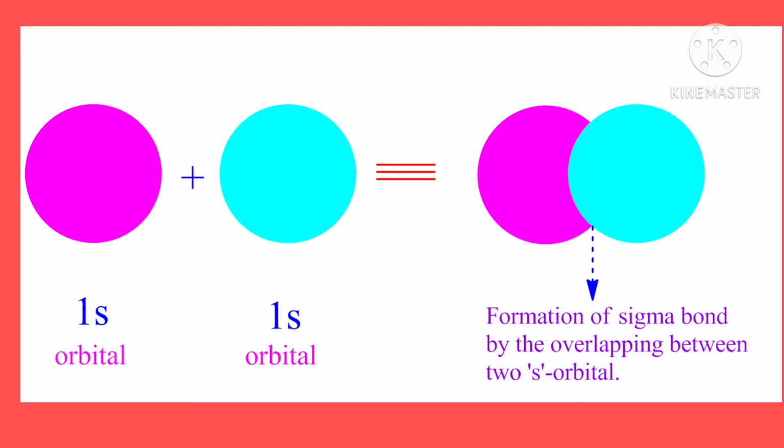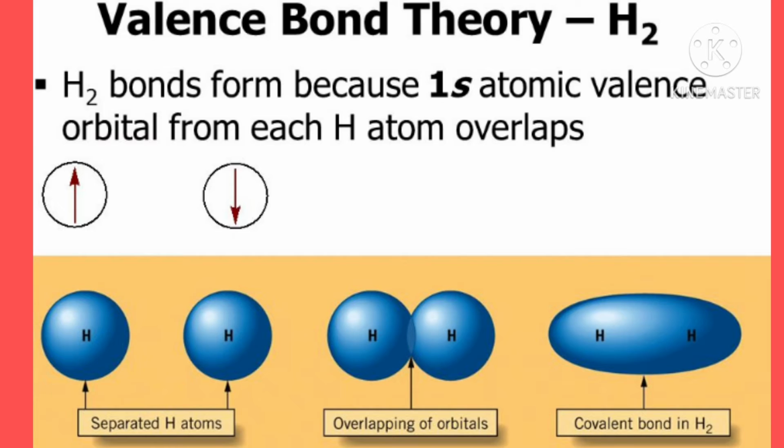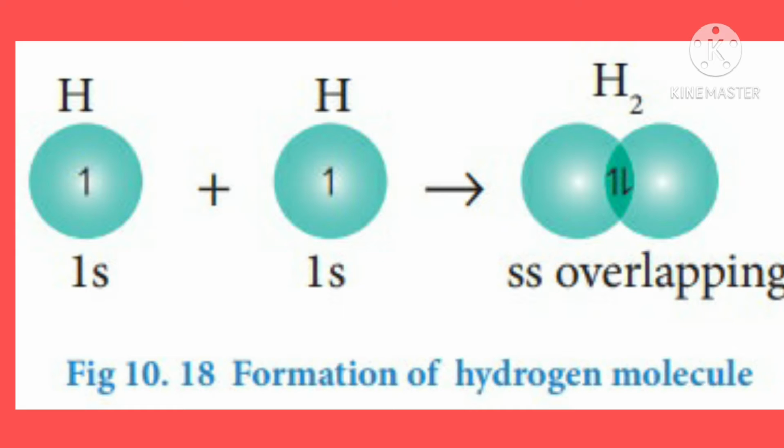The 1s orbital of hydrogen will overlap with another 1s orbital of hydrogen to form a hydrogen molecule. As they come closer, the 1s orbital of each hydrogen atom overlaps very closely and finally forms ss overlapping.